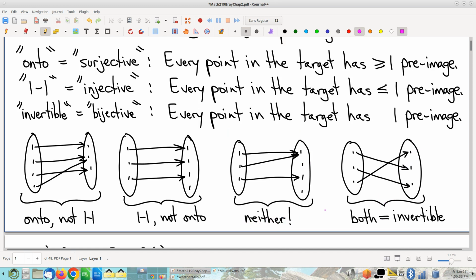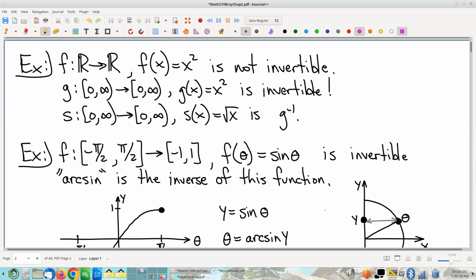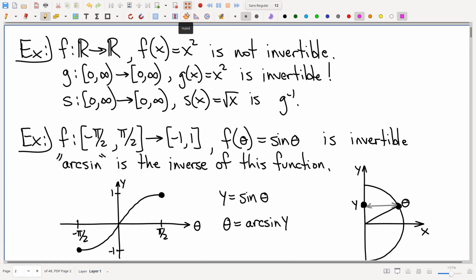Okay, so for example, let's look at these two examples here. This function, I believe this is exactly what you were asking about, right? So f of x equals x squared. Now, reminder, if you're going to talk about a function, strictly speaking, you got to indicate all three things.